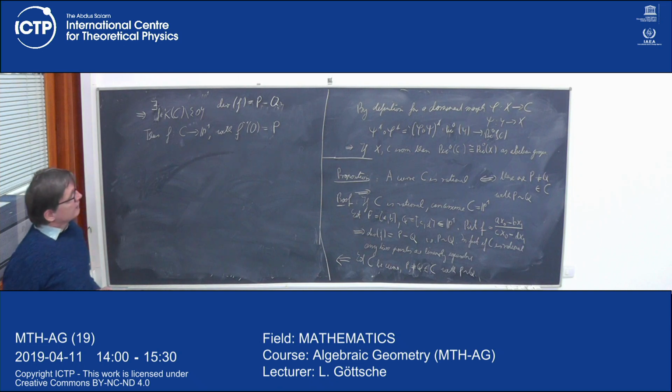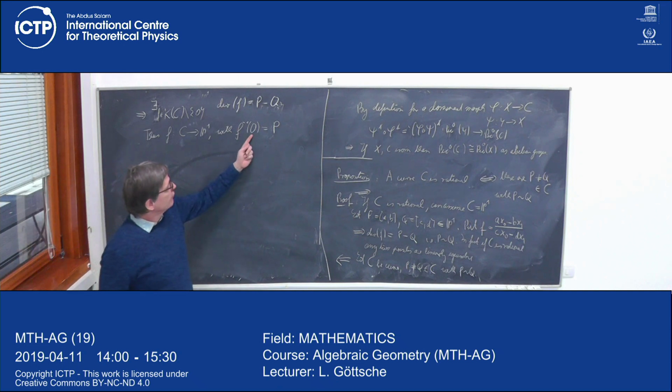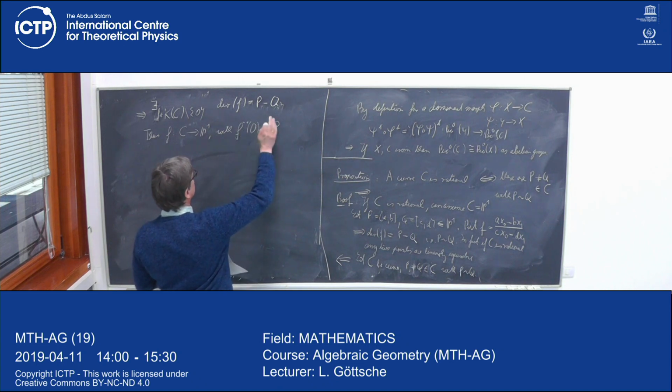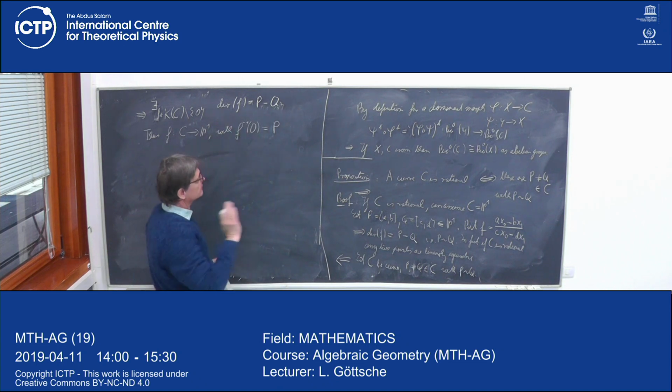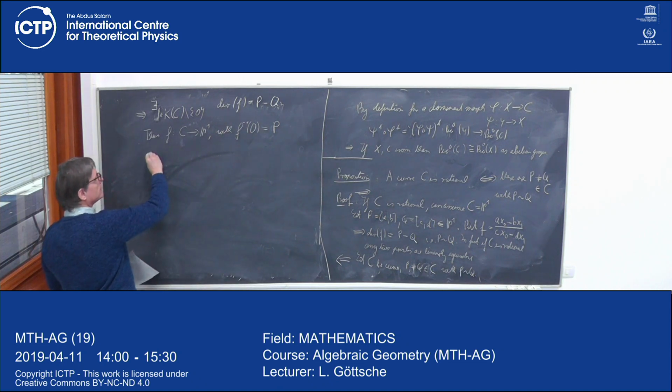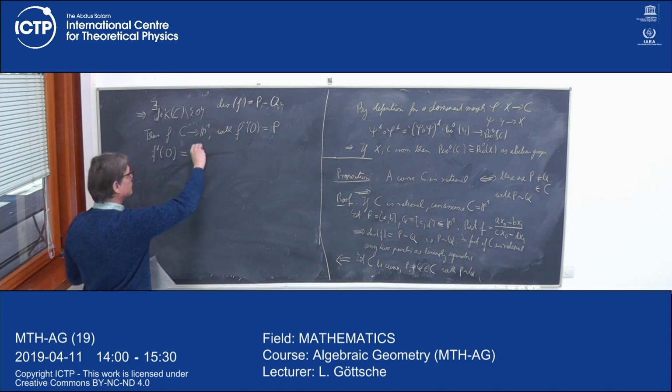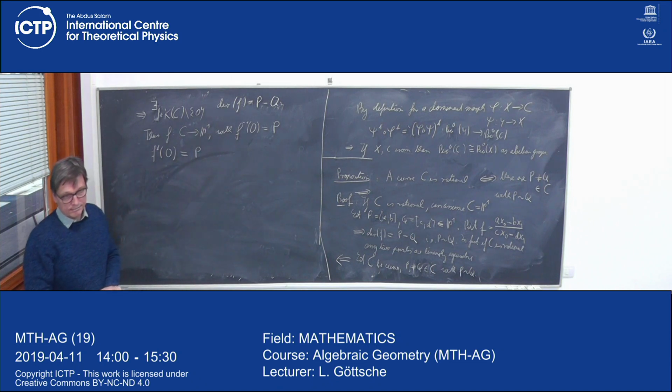Therefore, there's one divisor, the 0 divisor, for which the degree... so not f to the minus 1 of 0, let me say it again. Obviously f to the minus 1 of 0 is 0, but what I meant is, if I take f star of the divisor 0 on P1, this is equal to P with multiplicity 1.